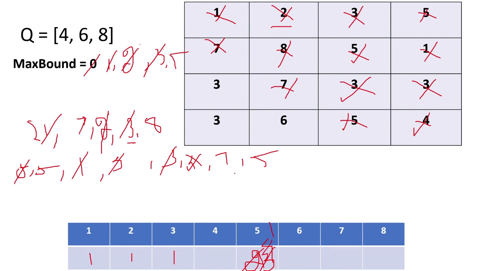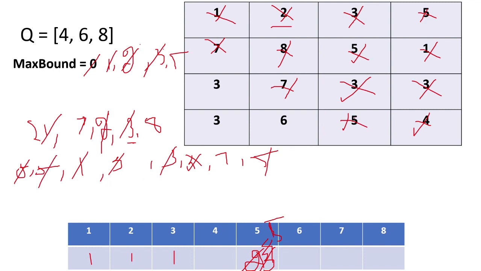Next the minimum value is 5, this 5. All its neighbors are visited, so I cannot add any neighbor into the priority queue. The next minimum value is another 5.